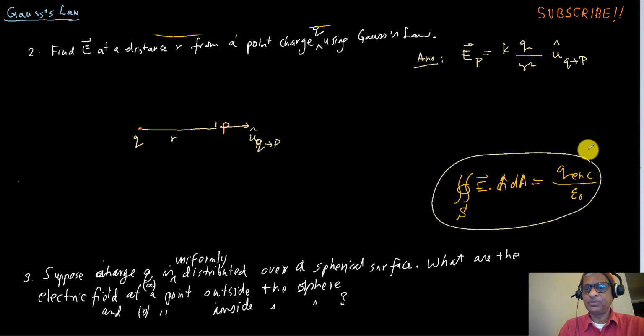Okay, so first of all, we'll imagine a surface upon which we know something. So here is a surface.